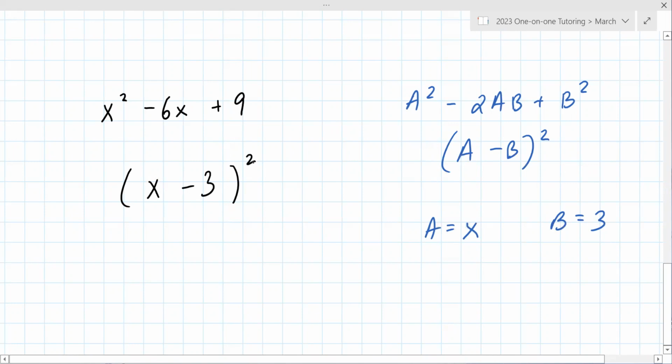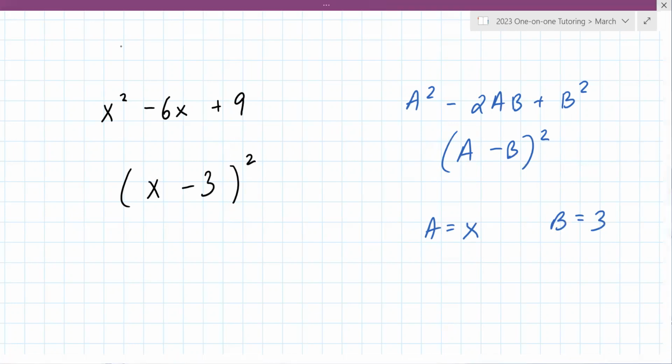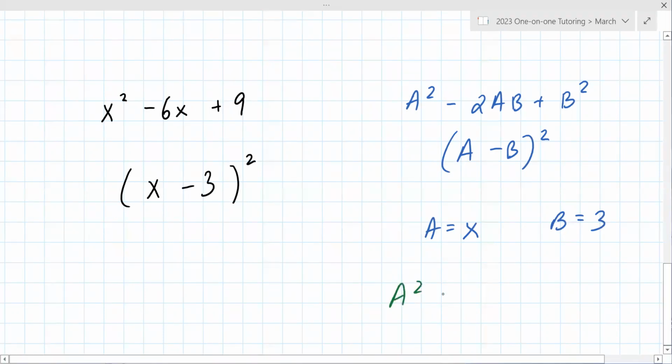Fantastic. Now the other perfect square trinomial form is really, really similar. It's a squared plus 2ab plus b squared, and this is the one that becomes a plus b squared. So the only difference is that sign in between them.